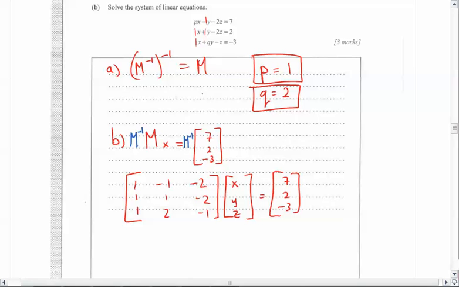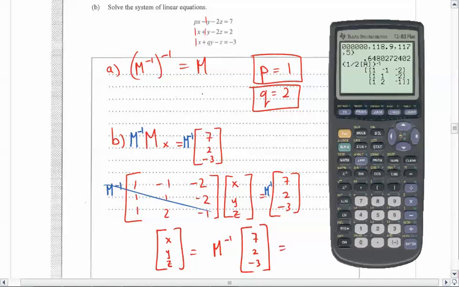So if I put M inverse at the front on both sides, then the matrix will cancel off. So this one will be gone. We'll just get the identity. So xyz is equal to M inverse times 7 to negative 3.